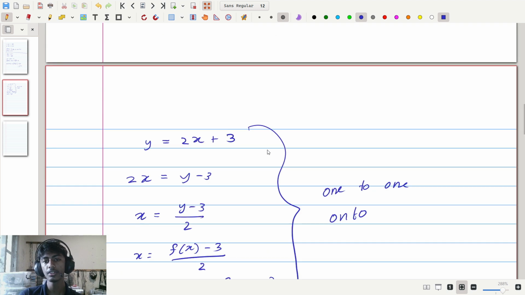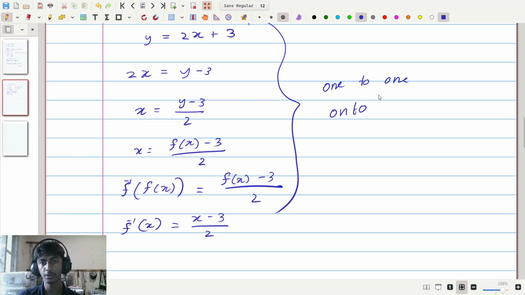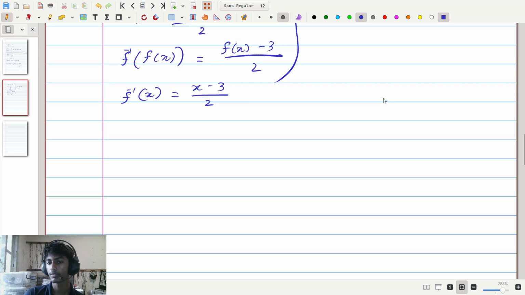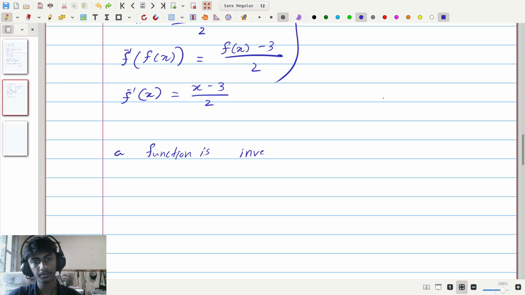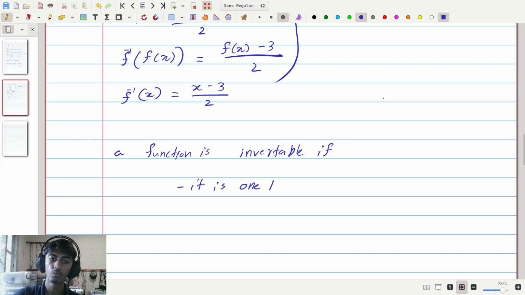So this is an invertible function because it is one-to-one and onto. In fact, we can say a function is invertible if it is one-to-one and it is onto.